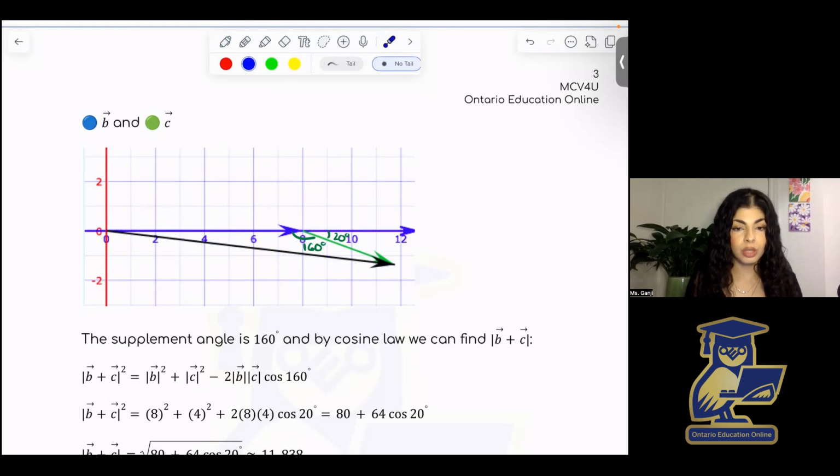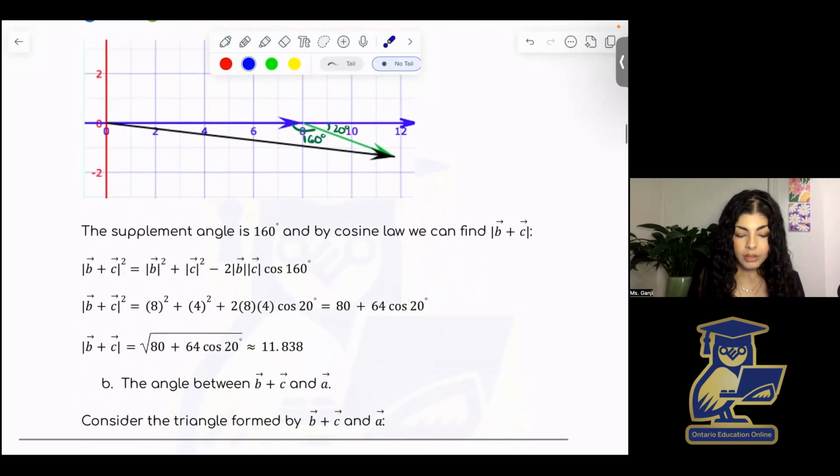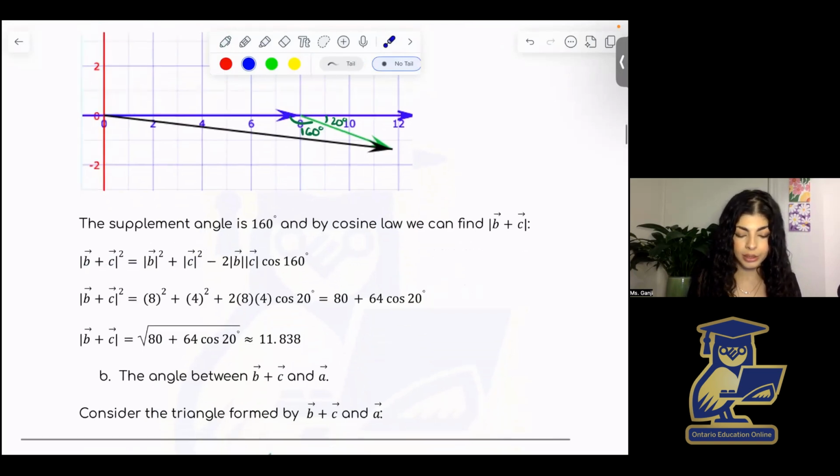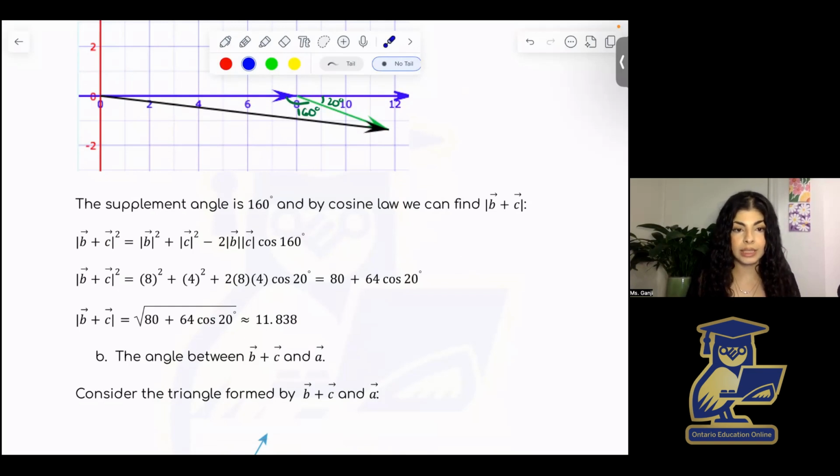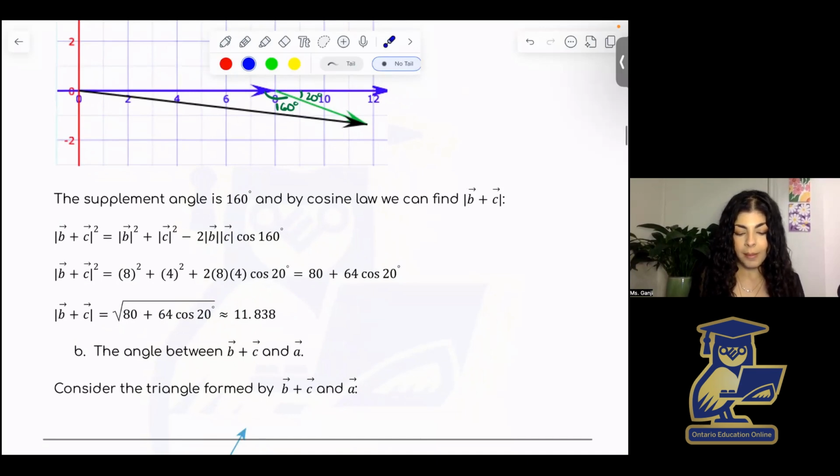So I will just use cosine law here. Cosine law gives me this equation here, and remember, I'm working with this angle, so cosine of 160 degrees. So then we end up with the magnitude of B plus C is the square root of 80 plus 64 cosine of 20 degrees. Now, the reason why I switched here to 20 degrees is because I had negative cosine of 160 degrees.